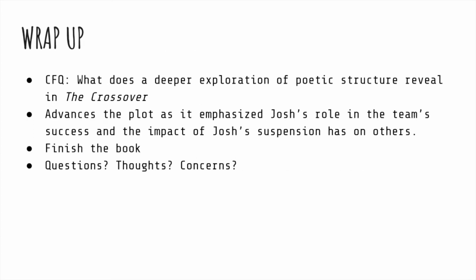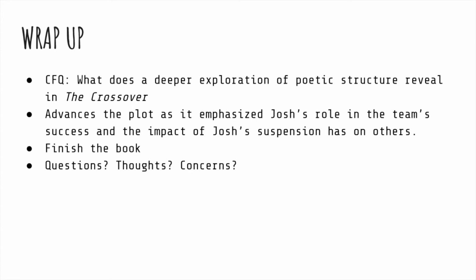So the wrap up: what does a deeper exploration of poetic structure reveal in The Crossover? Remember, we looked at specific poems and examined the structure of them, how the words are written on the page, how they're supposed to be read, and the appropriate pace. By doing that, it helps us further the plot and know exactly what's happening in the book, and specifically in the poems that we looked at, right?